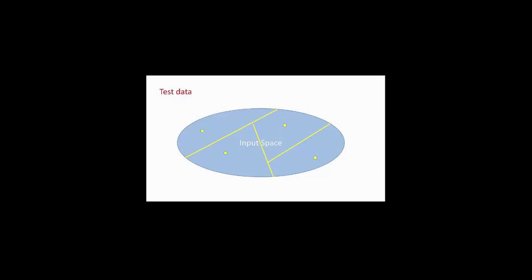From each of those equivalence classes, we will select at least one piece of test data. The hope here is that if that test data, say this one in the first equivalence class, identifies a failure in the program, then any other test in that equivalence class would also have failed. Or conversely, if this item that we picked from that equivalence class works successfully, then others in that equivalence class would also work successfully.